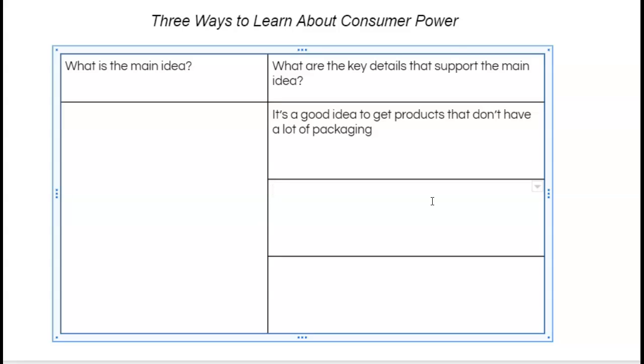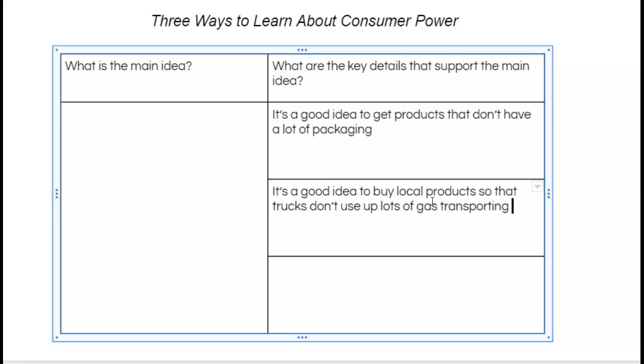And one thing that they mentioned was, it's a good idea to buy local products so that trucks don't use up lots of gas transporting goods to us. All right. And they talked about how that gas makes bad things go into the environment and into the atmosphere.